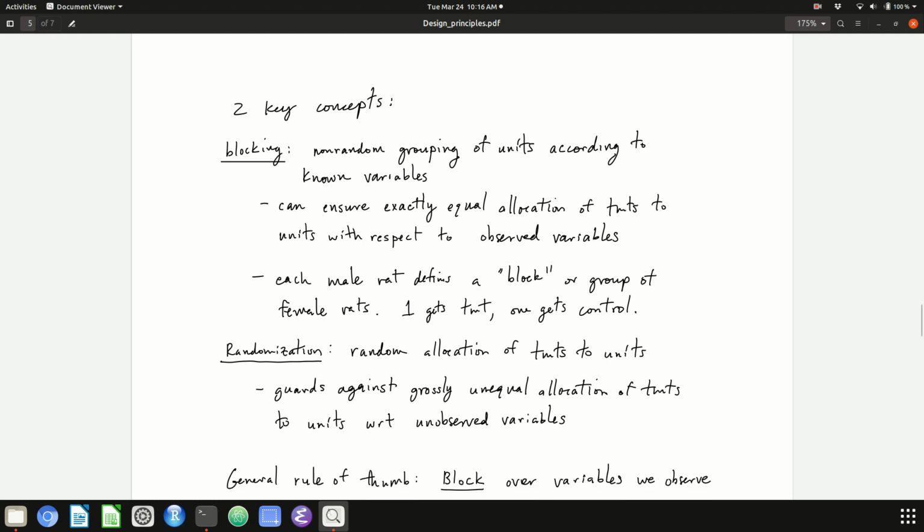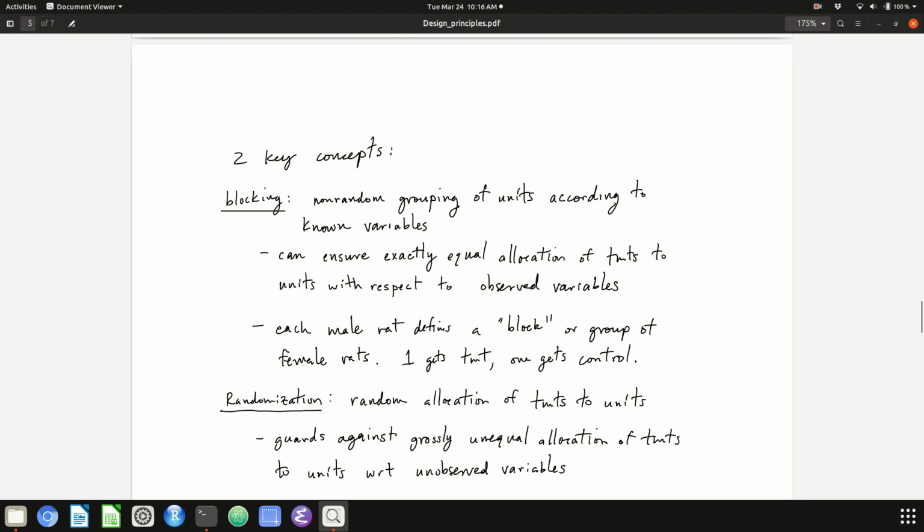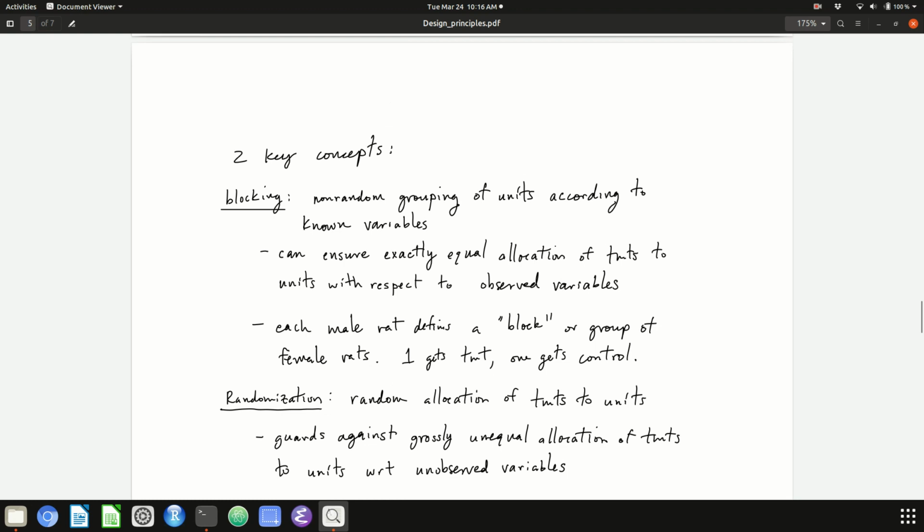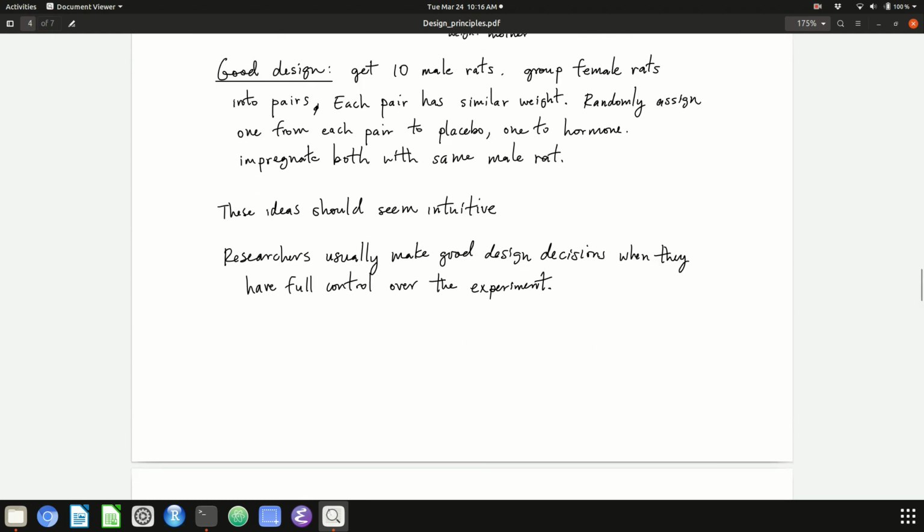So the idea with blocking is we make a non-random grouping of units according to known variables. So in this good design here, we grouped the female rats according to their weight. In each group of female rats was a group of 2 rats. We made sure their weights were similar within each group.